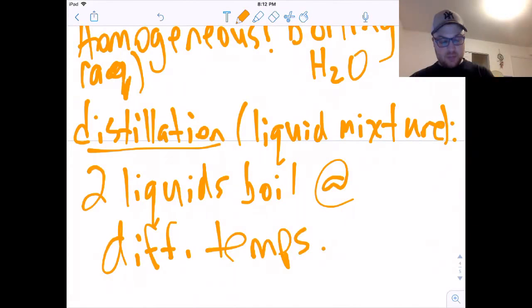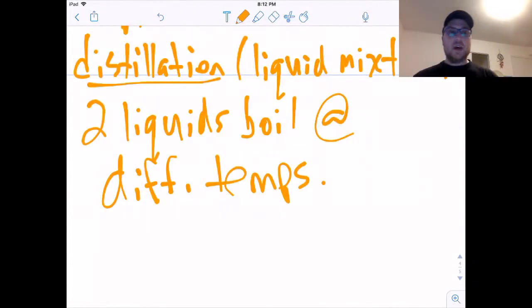So let's say water boils at 100 degrees Celsius. Alcohol boils at a little under 100. If you know that alcohol boils at 97 degrees, let's say, you can boil off that alcohol at 97 degrees and it'll evaporate and recondense in this tube, and you'll be left with pure water in one flask, and then the alcohol after it's condensed again in another flask.